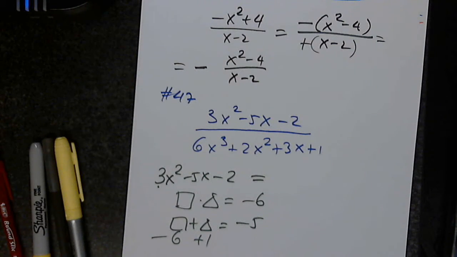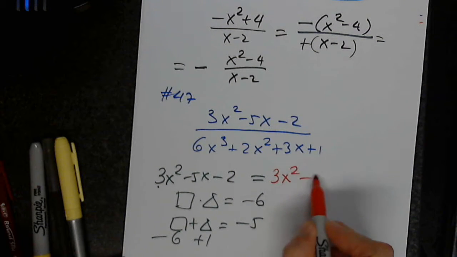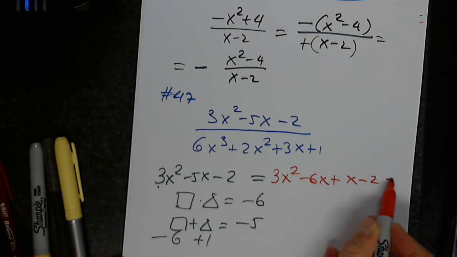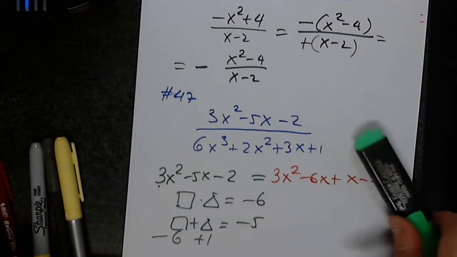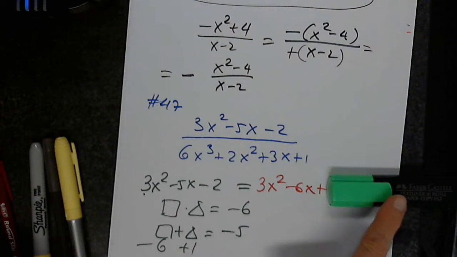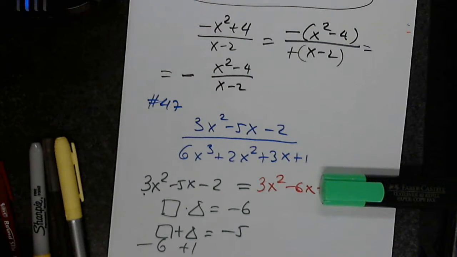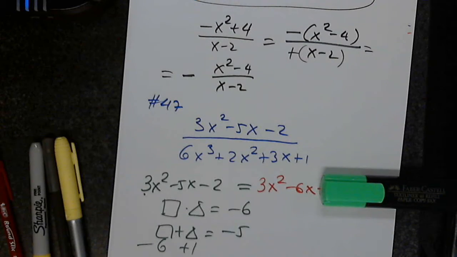X minus 2, 3x plus 1. So it should be 3x parentheses x minus 2 and then minus 1. What should I write here? X minus 2 and then minus 1.